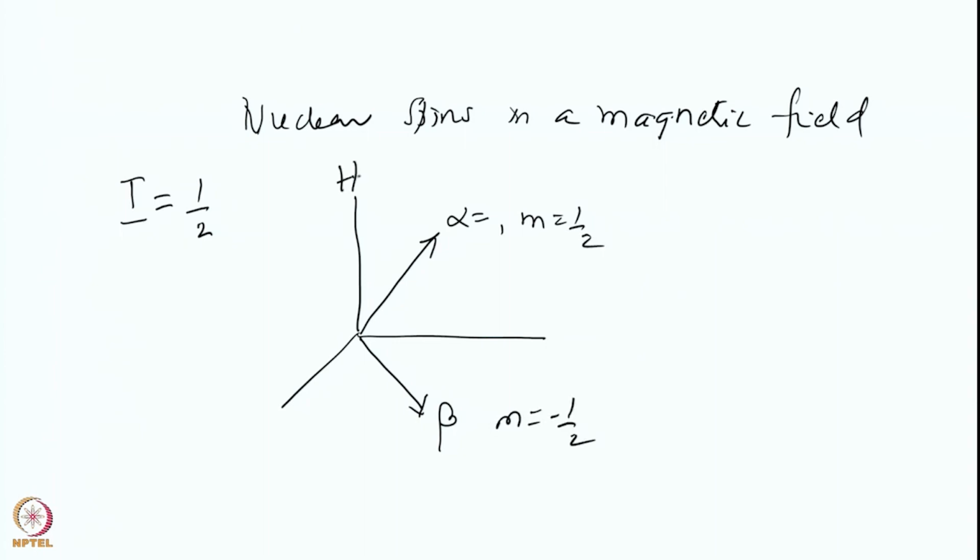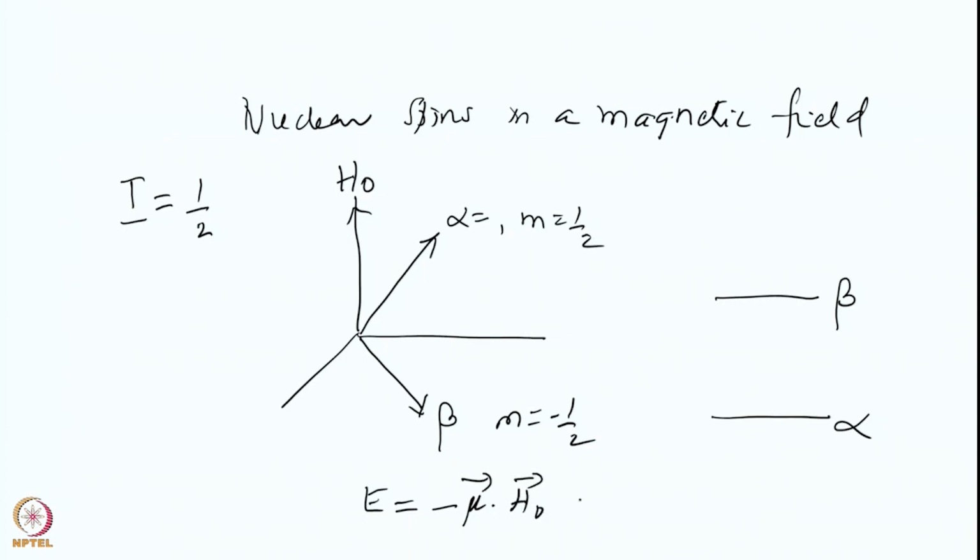The magnetic field is applied along the z axis, and therefore the alpha state has a lower energy and the beta state has a higher energy. So, the different orientations have different energy values, and that energy is given by E is equal to minus mu dot H naught, where mu is the magnetic moment and H naught is the applied magnetic field.